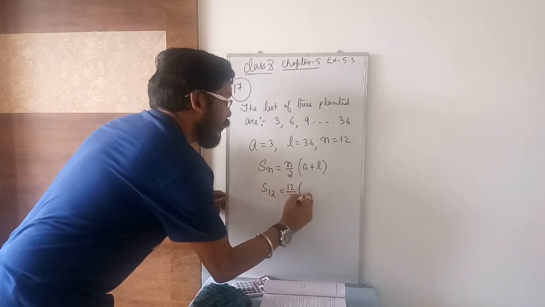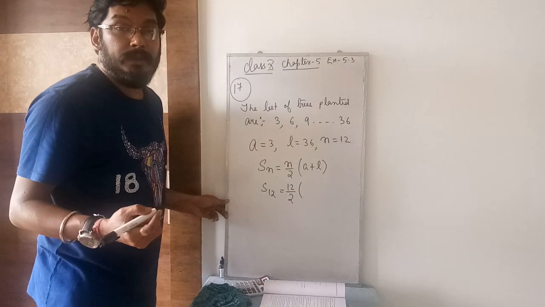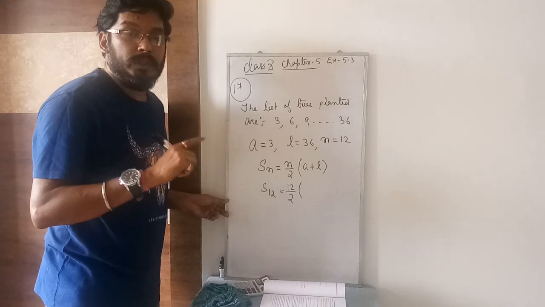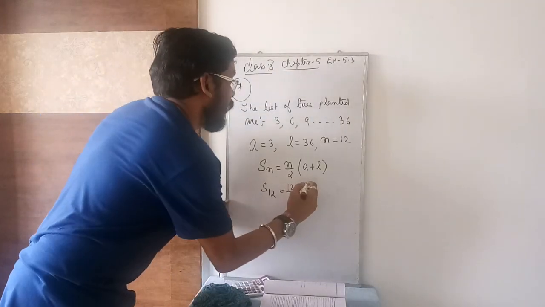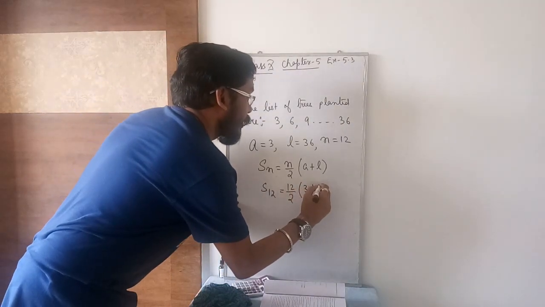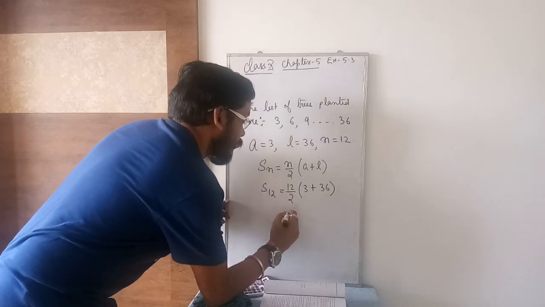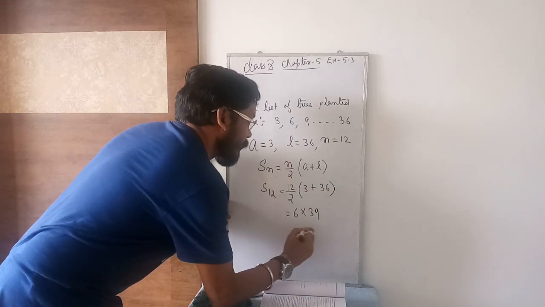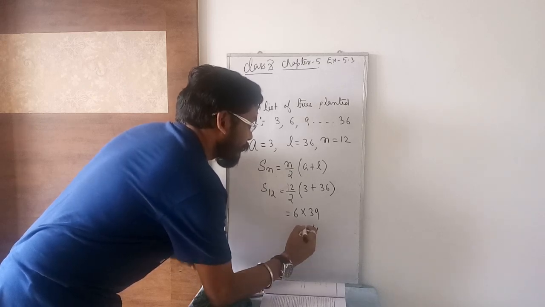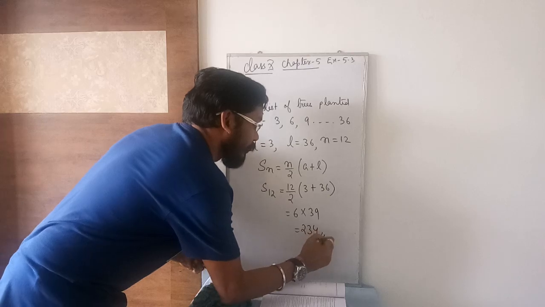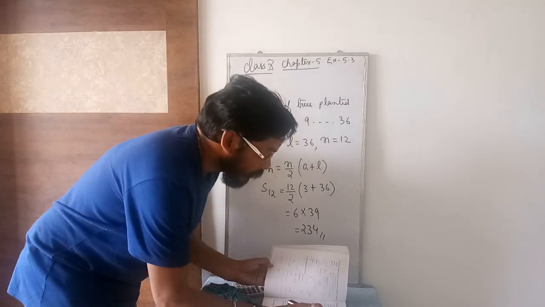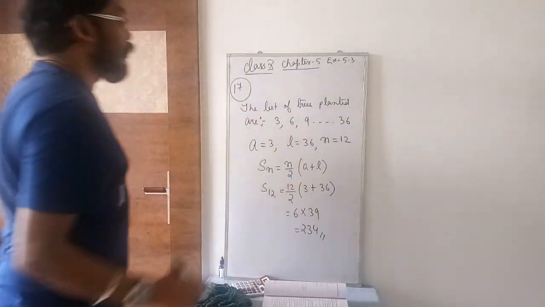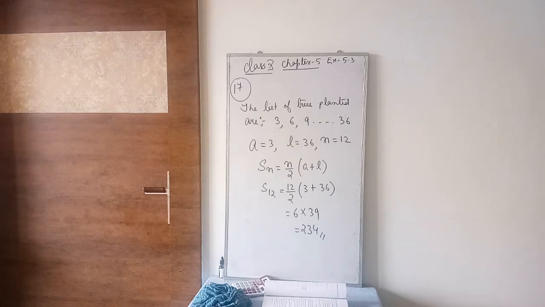Because you are finding the total number of plants planted by the 12 classes, means total from 1 to 12. So a is your 3 and l is your 36. So you can cancel it. 2 sixes are 12 into 39. 6 nines are 54, 5 carry. 18 plus 5, it is 23. Okay, 234. Take the screenshot.